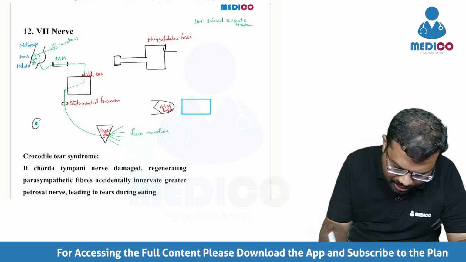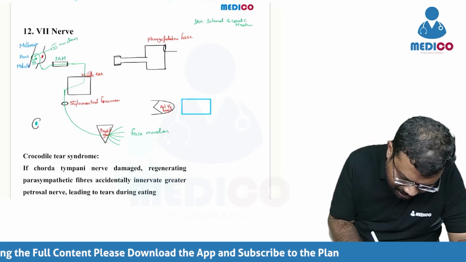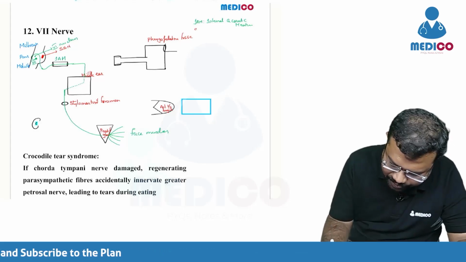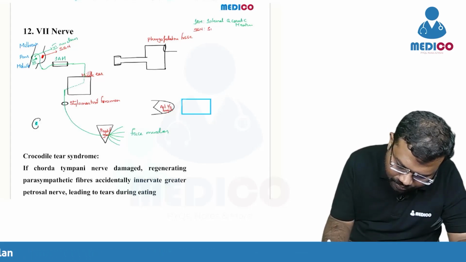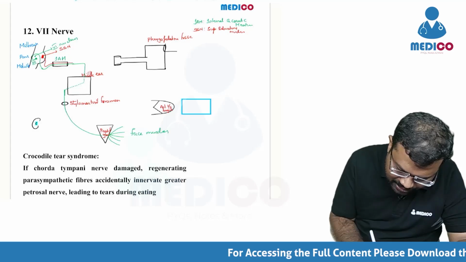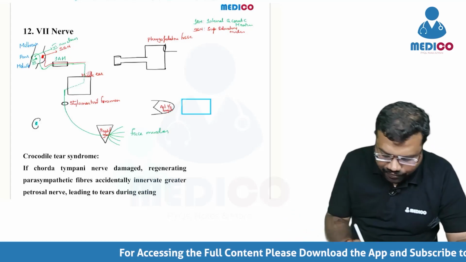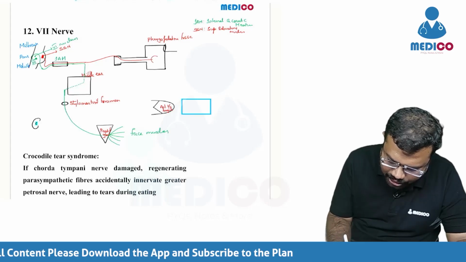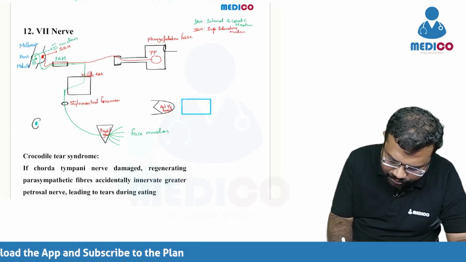During its course, it is also associated with a nucleus called the superior salivatory nucleus. The superior salivatory nucleus fibers also pass through the same path, where 50% of the fibers enter the pterygopalatine fossa into the pterygopalatine ganglion.